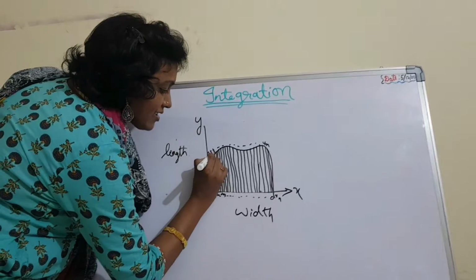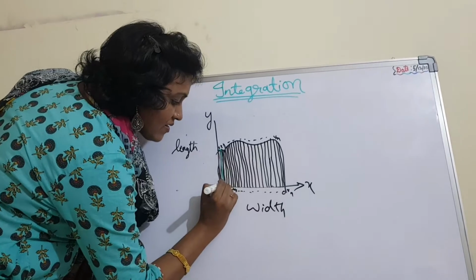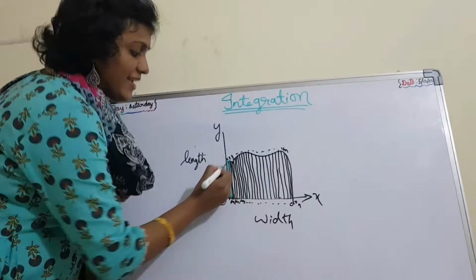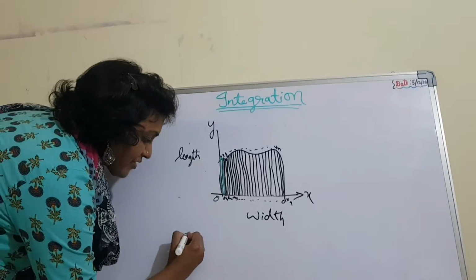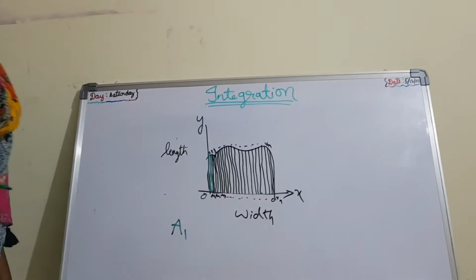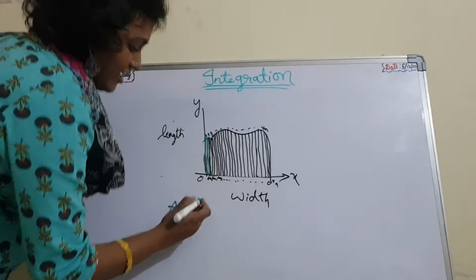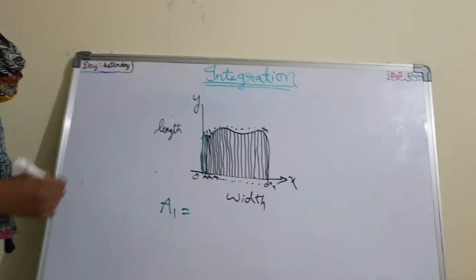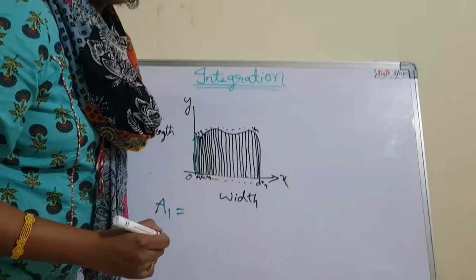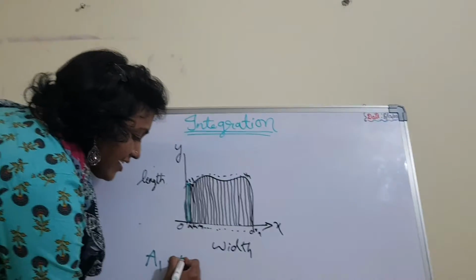This is a rectangle. What is the formula? Area A1, the first area. What is the area of the first rectangle? What is the rectangle formula? Length into breadth. What is the length here? y1.